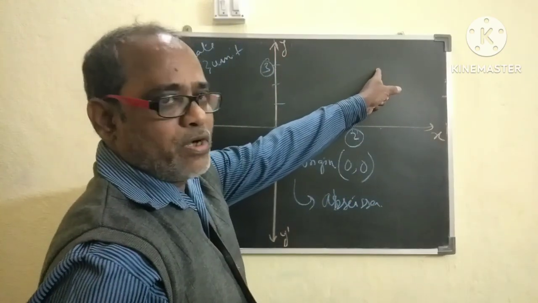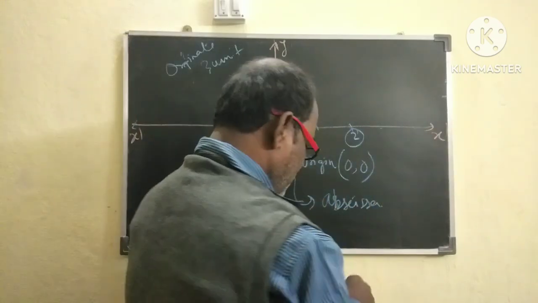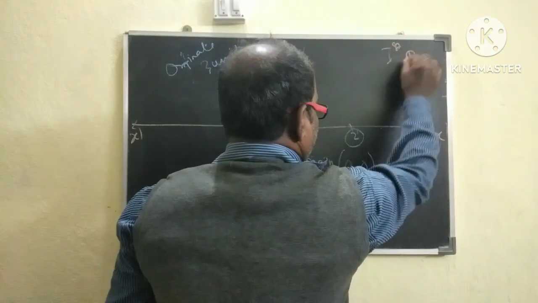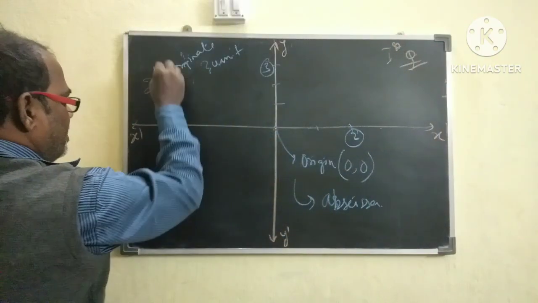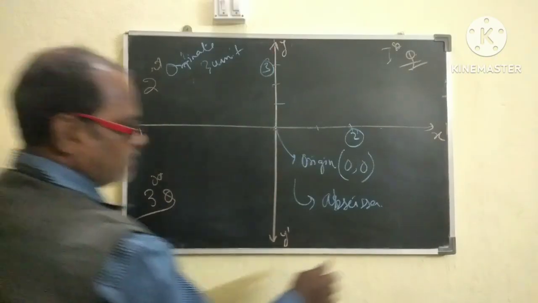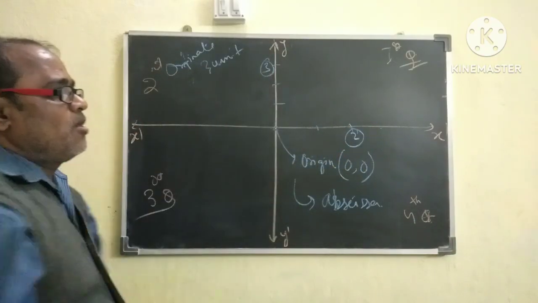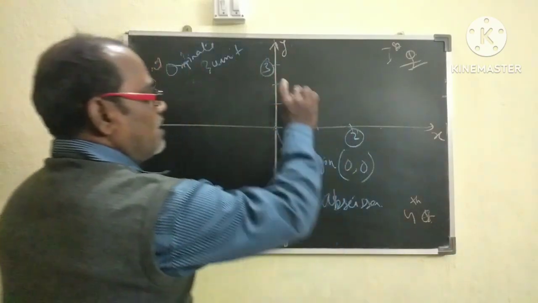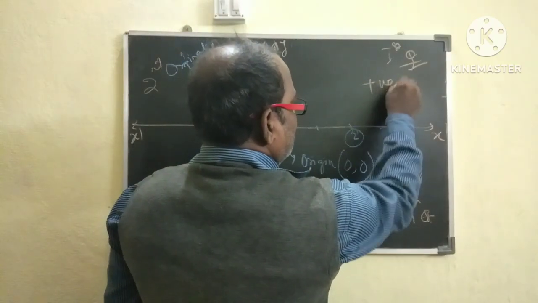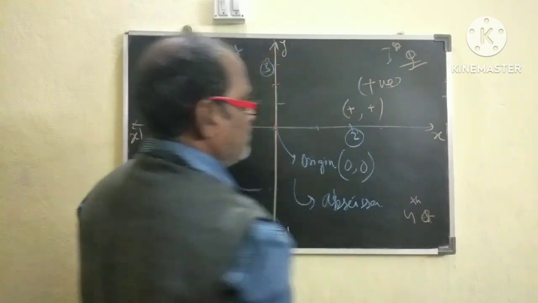This is the first quadrant, second quadrant, third quadrant and fourth quadrant. Let us represent: this is the first quadrant, this is the second quadrant, this is the third quadrant and this is the fourth quadrant. In the first quadrant, all the signs of x and y will be positive. That means here it is positive something and positive something.